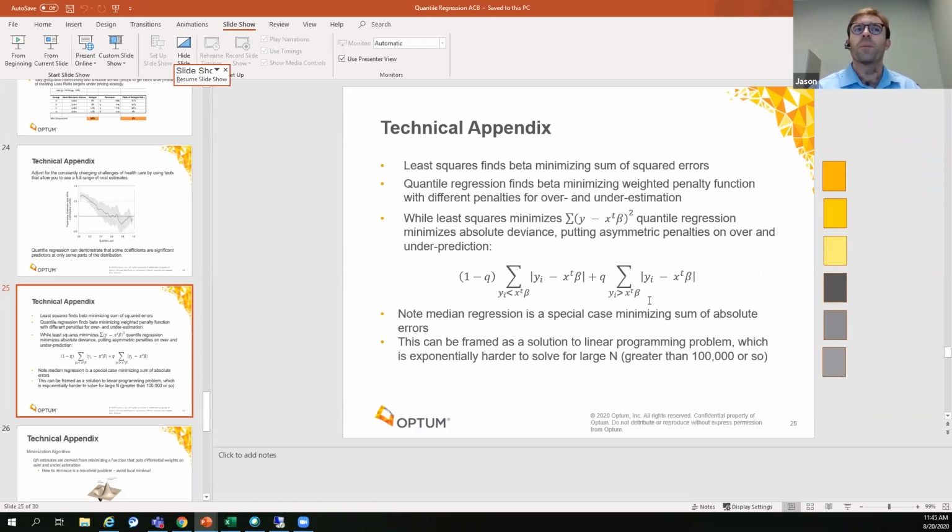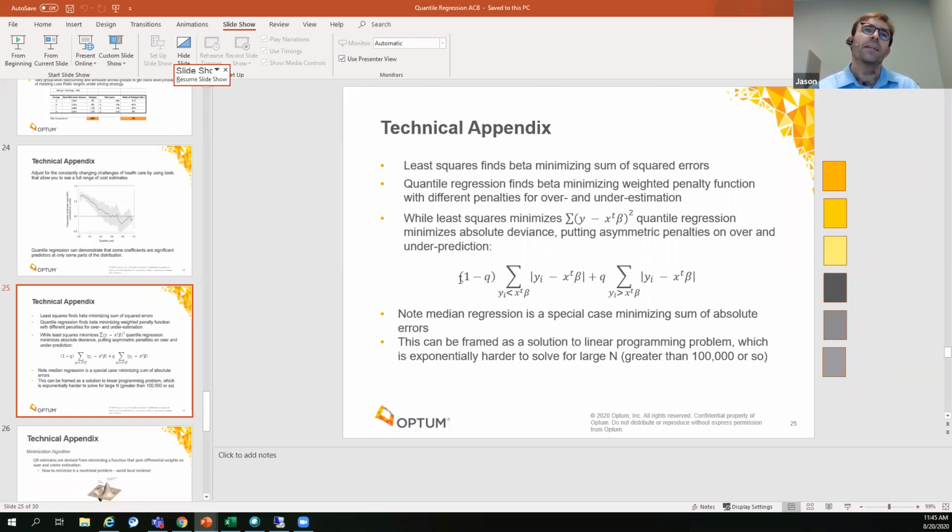And we're also penalizing underestimation with a 0.25, so a 0.75 and a 0.25, and each of these is an absolute value. Of course, absolute value is not a good function, and it's hard to work with.